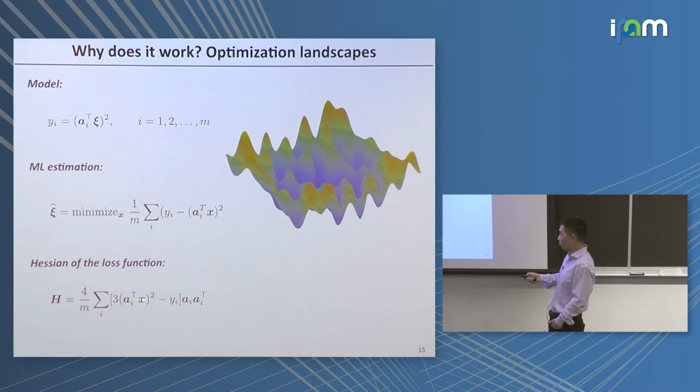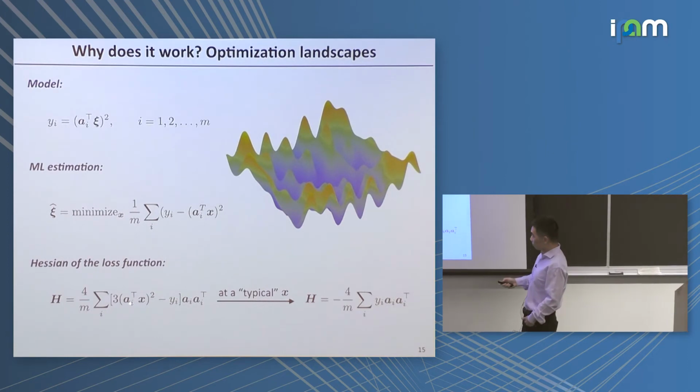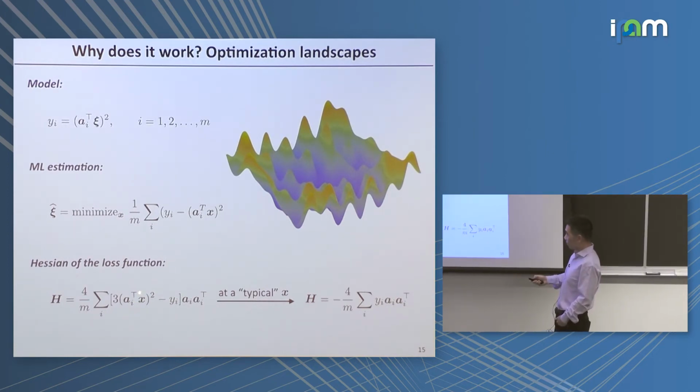If you set x equal to 0, or more generally, if you think about x as a generic point, because at a typical point the scalar product between x and a collection of Gaussians is very small, then essentially, at a typical point, the Hessian has this form. This is exactly the negative version of the matrix that we consider.